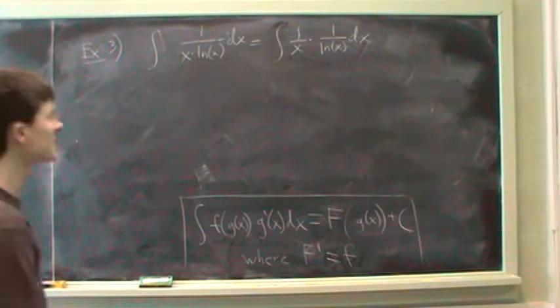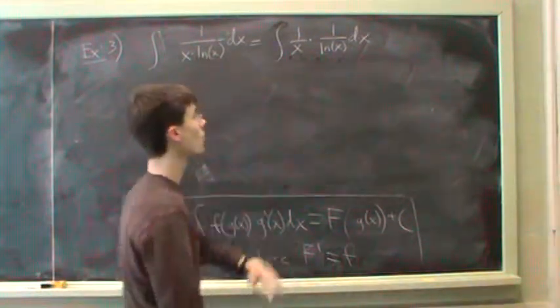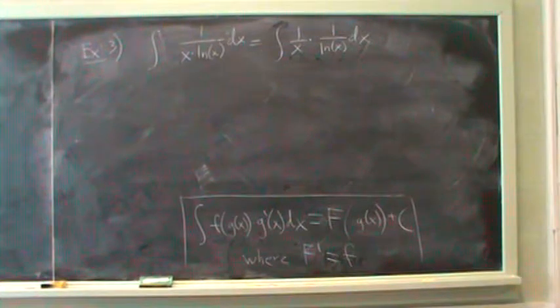However, in the second part of the integrand, 1 over the natural log of x, that is a composition of two functions. The inner function is going to be the natural log of x, and the outer function is going to be 1 over whatever that function is.